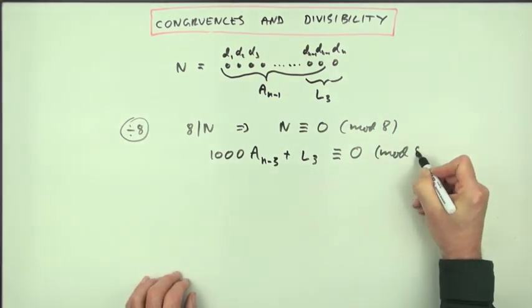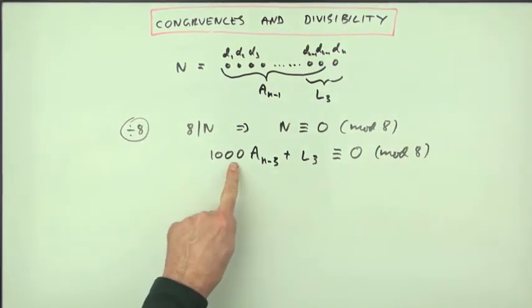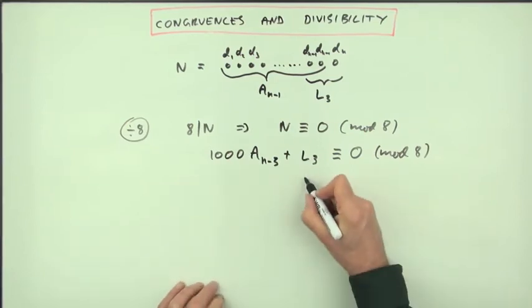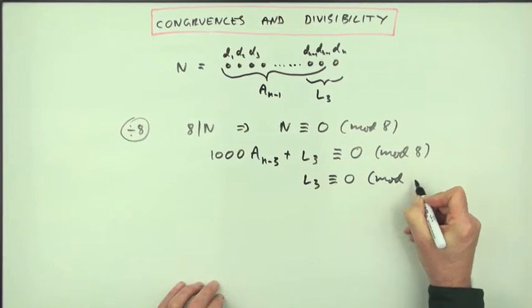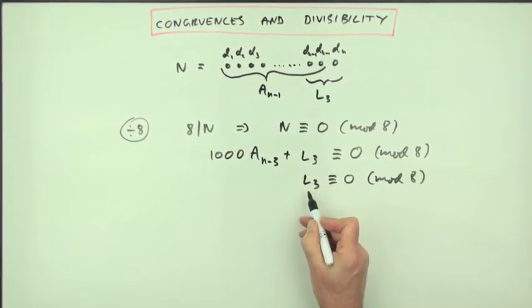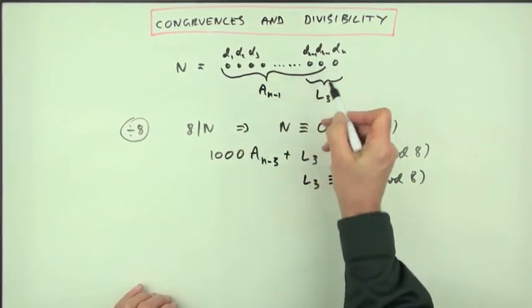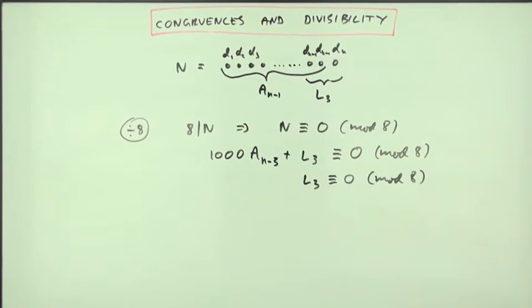Mod 8, that divides by 8, so this term disappears, so you just end up with L3 is congruent to 0 mod 8. And what that says is the number formed by the 3 digits at the end has to be a multiple of 8.